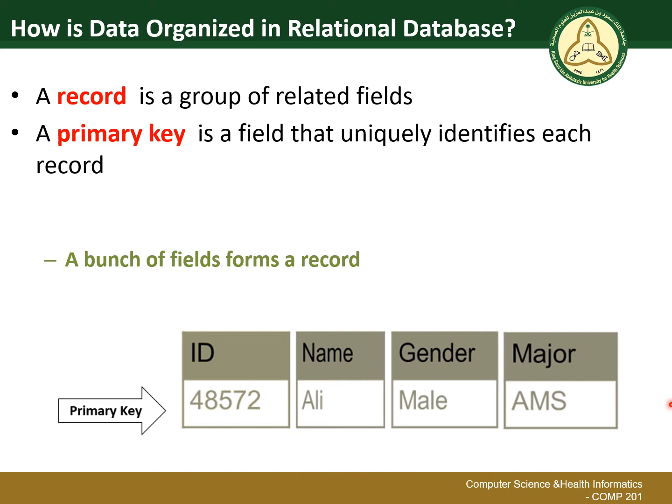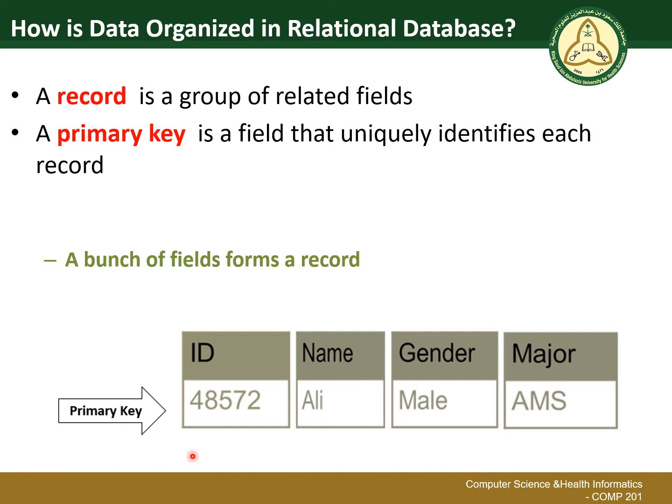The primary key is the field that uniquely identifies each record. The ID will be used as a primary key because it's a unique field that will not be repeated or duplicated. So you will not have another student with the same ID. Therefore, we use this field as a primary key.